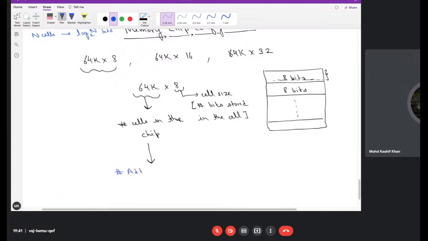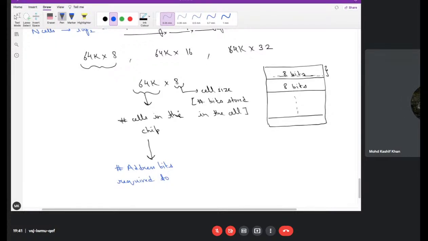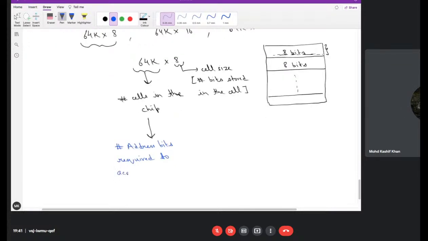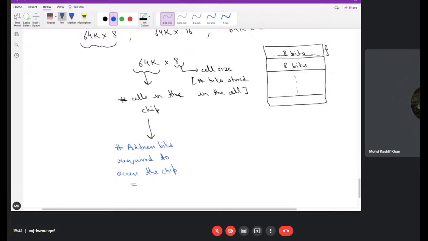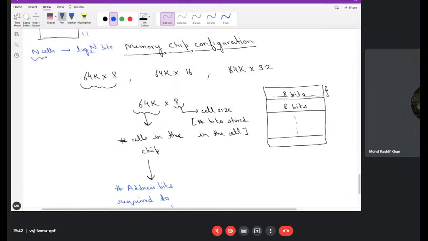The number of address bits required to access the chip: I have already told you, if there are n cells, then the number of bits will be log n base 2.